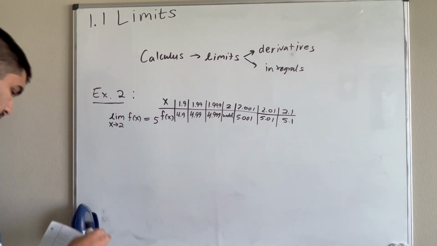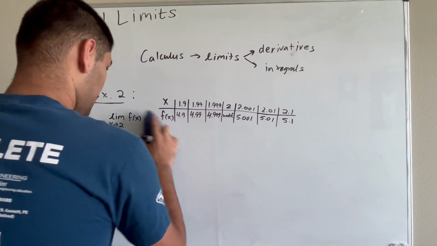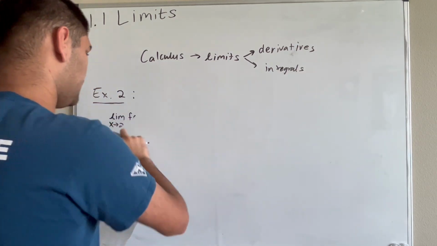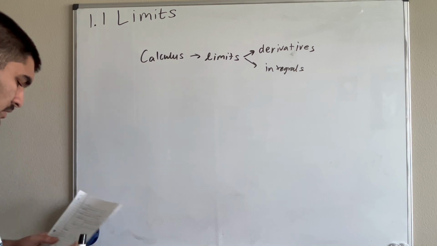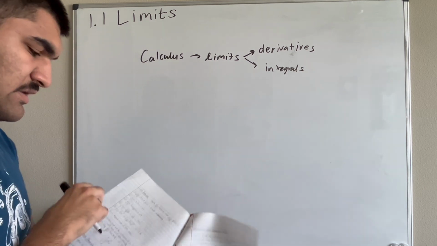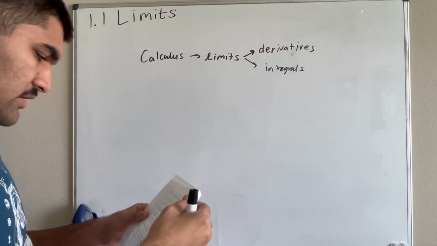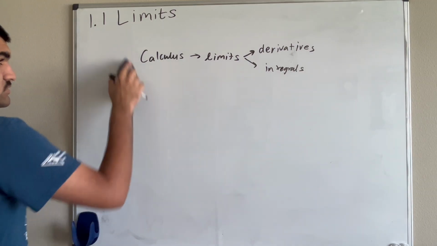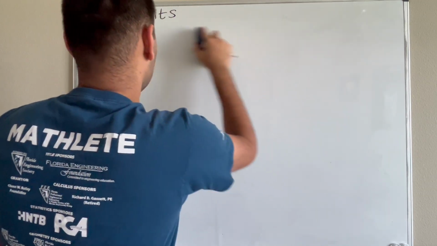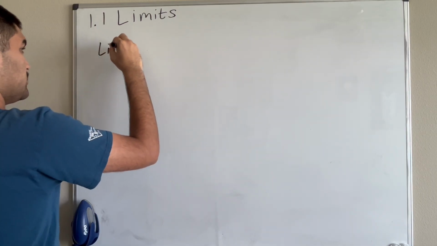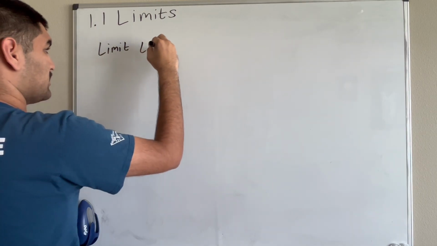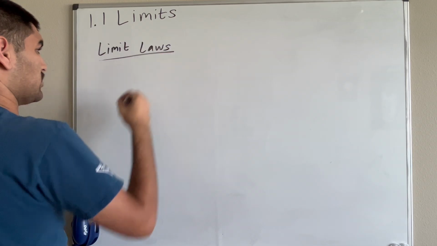All right, cool. So now that we have that covered, let's talk about some limit properties, limit laws. So we have our limit laws. These are going to be very important for us throughout the rest of this course.